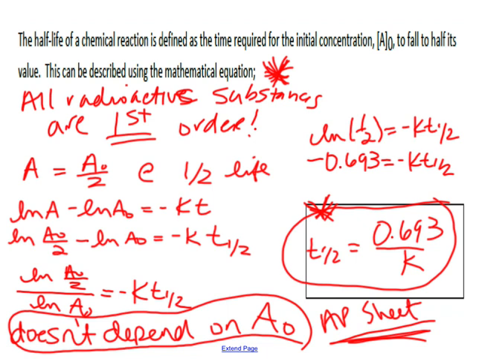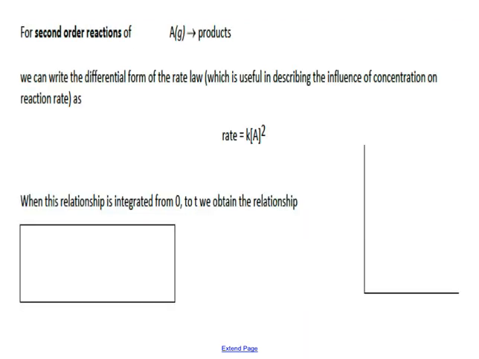All right, so let's do our last one, our final, which is our second order. That's the last one we can do. If we integrate a second order from time 0 to time t, we get the following: 1 over the concentration of A minus 1 over A naught is equal to, this time, a positive kT.